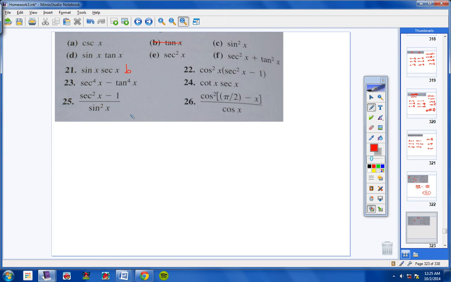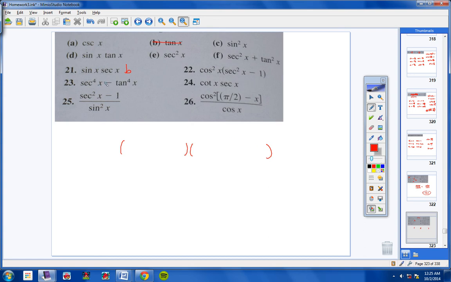Number 23. Now I'm thinking here we're going to have to factor probably, and here's why I'm saying that. In your trig identity sheet, you have secant and tangent squared in your Pythagorean identities, but not to the 4th power. So probably, I'm going to go ahead and skip a step.